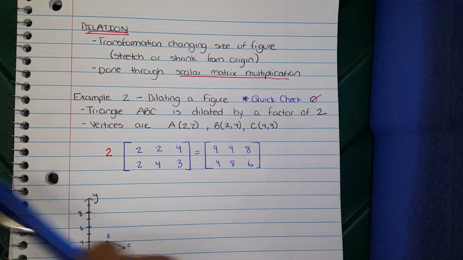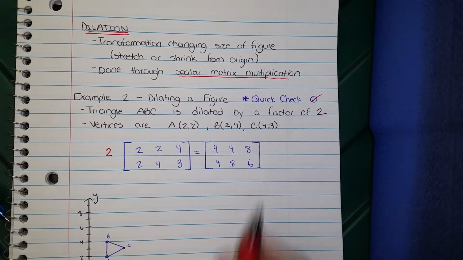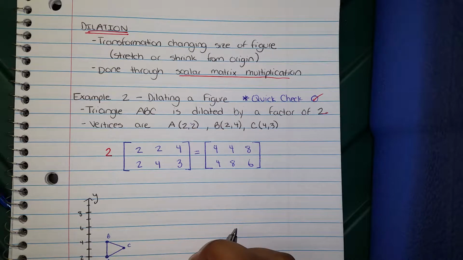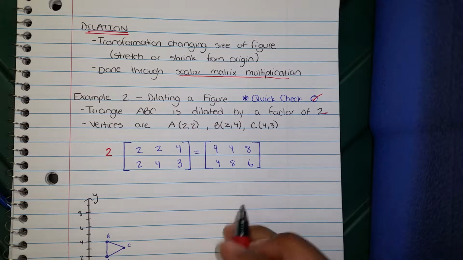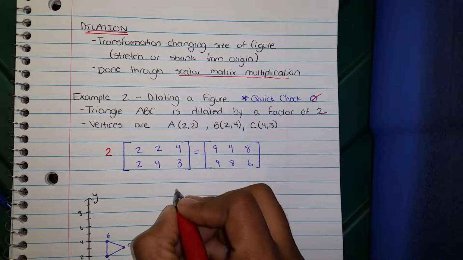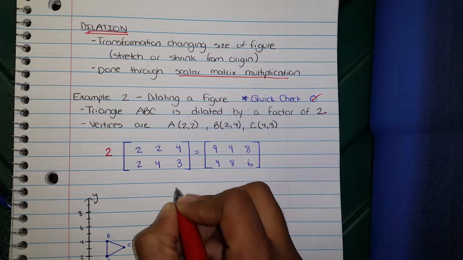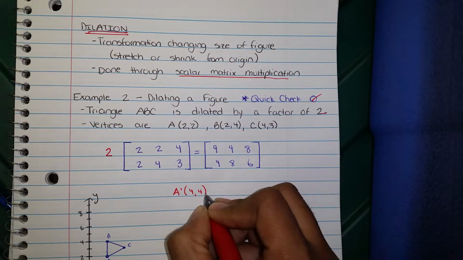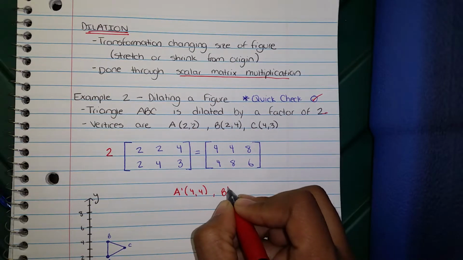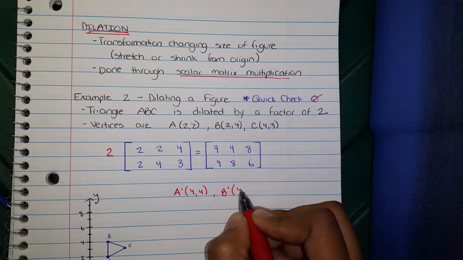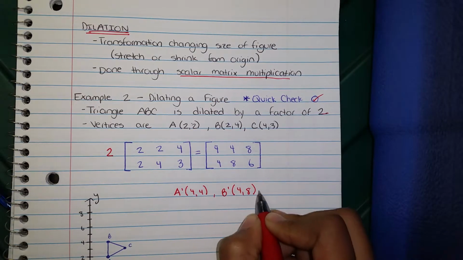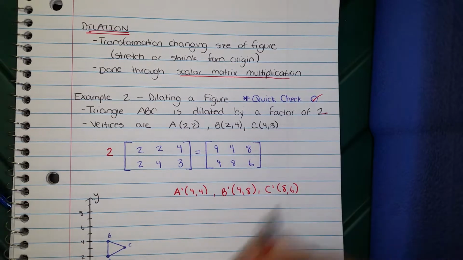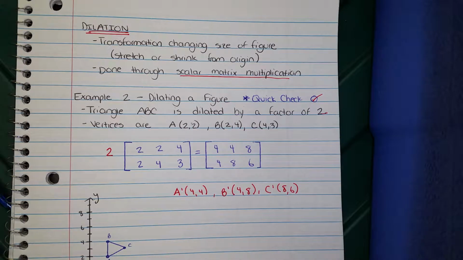My elements here are now telling me my vertices of my image. So A prime is going to be 4, 4. B prime is going to be 4, 8. And C prime is going to be 8, 6. Okay?